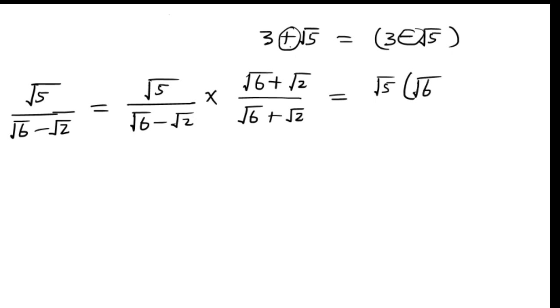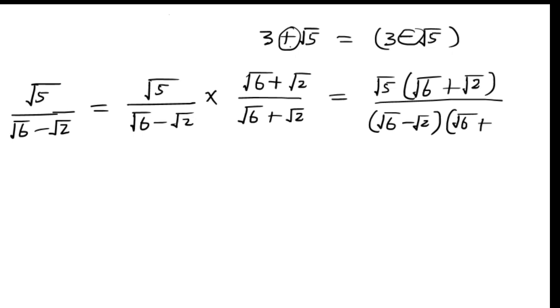So this is the same as saying the square root of 5 into bracket the square root of 6 plus the square root of 2, and this is also going to be divided by the square root of 6 minus the square root of 2, multiplied by the square root of 6 plus the square root of 2.